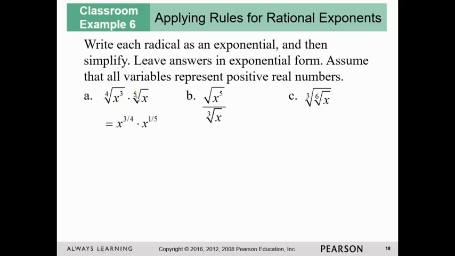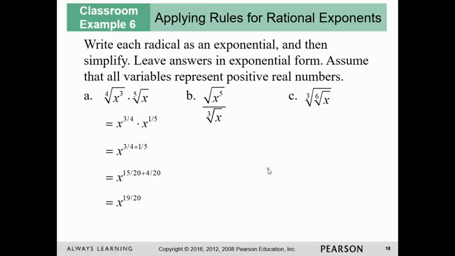Here we put the index of 5 into the denominator. So that becomes x to the 3/4 times x to the 1/5. We've got to add those. So we find a common denominator of 20. Now we add our numerators. Remember, that's how we add fractions. So we get x to the 19/20.